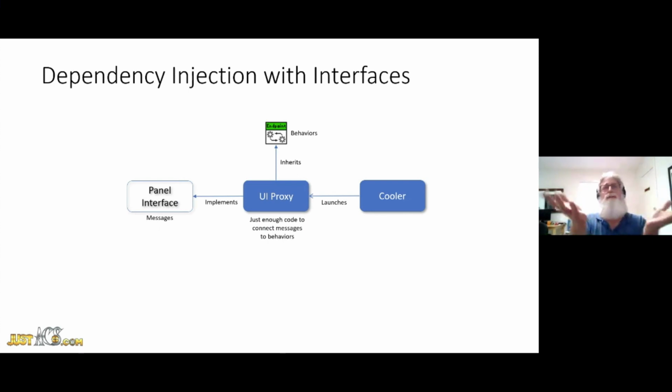The answer winds up looking like this. It is exactly what Stephen talked about. So I do still have a UI proxy. I do actually introduce that little actor again, but it is little. All it does is inherit. It inherits directly, in this application, from my nested endpoint, so it gets all that behavior. In the case I'm showing you here, it implements the panel interface, so it gets that message set for free.